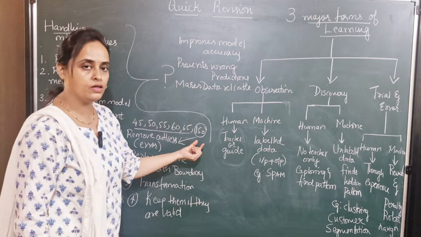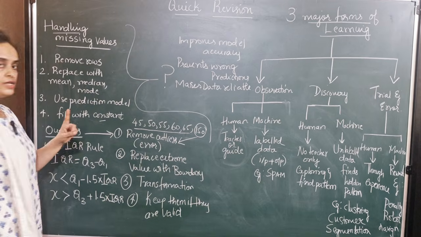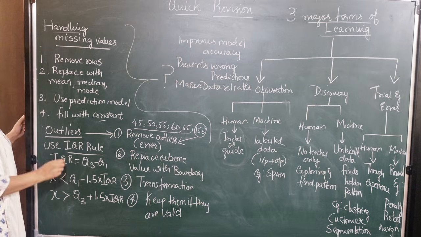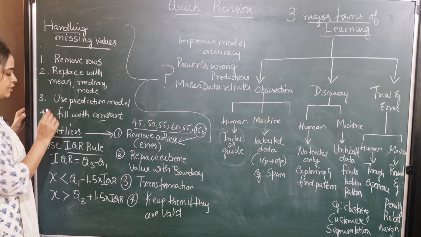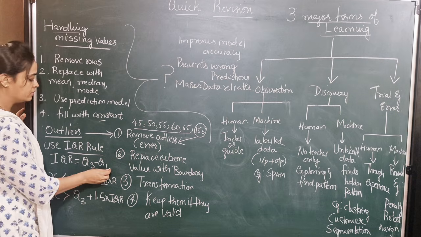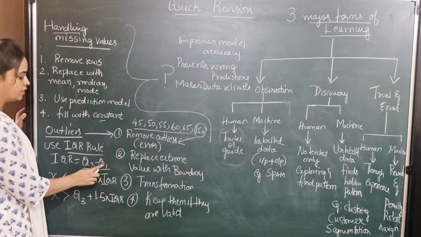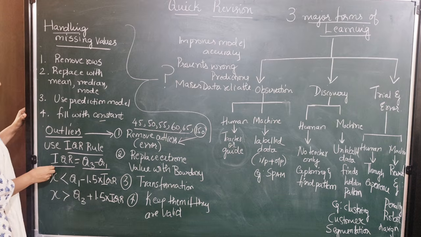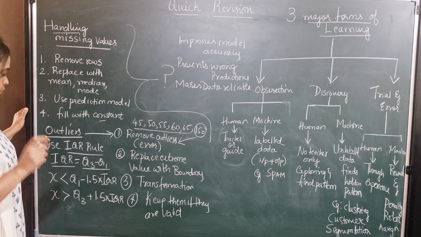So now how to handle the outlier? There is one rule, that is the IQR rule. In this IQR rule, find the value of quartile 1 and quartile 3, find the difference, and we will have the IQR value.